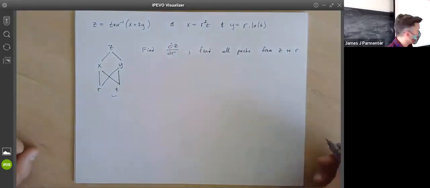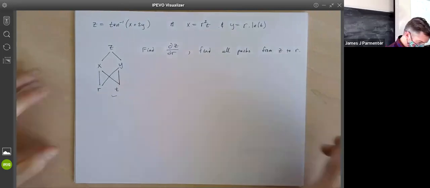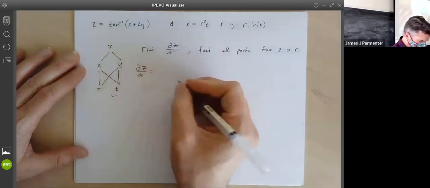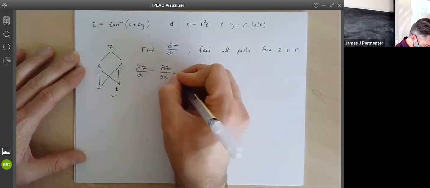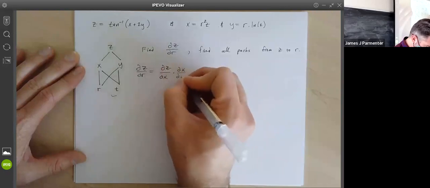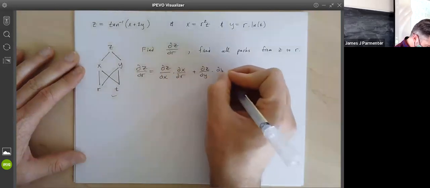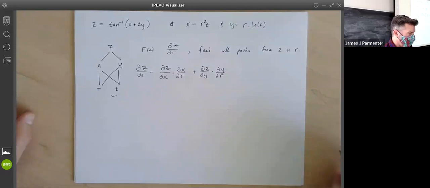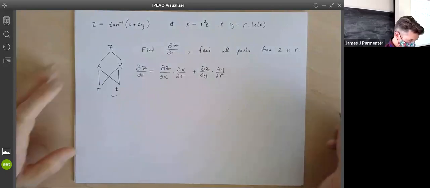And it looks like there are two. There's one that goes through x, there's one that goes through y. So del z del r is going to equal del z del x times del x del r plus del z del y times del y del r. And they are all del's because they're all partial derivatives, because each level is depending on more than one variable.